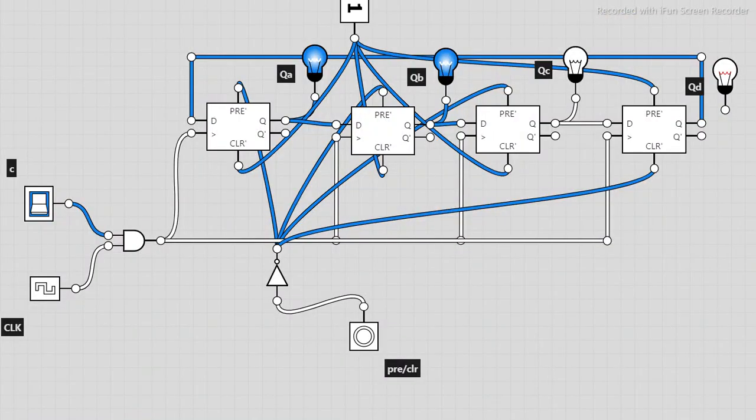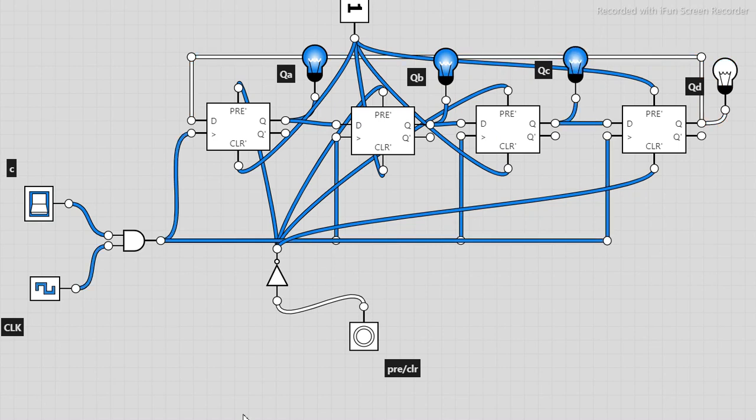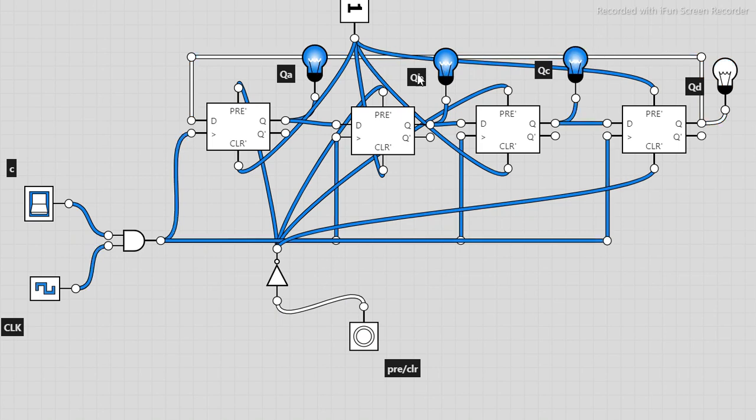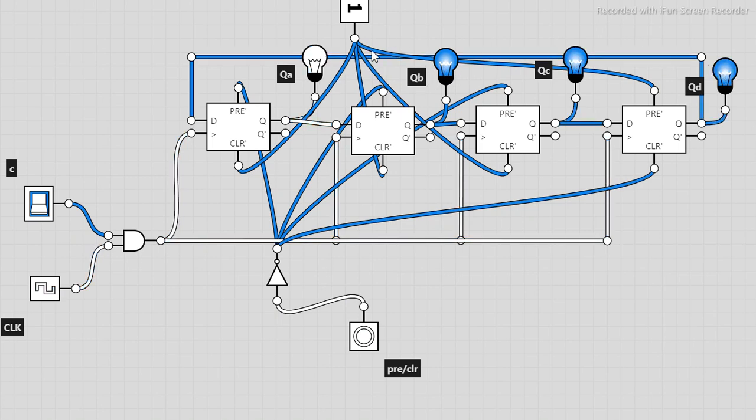This is a ring counter circuit. The last flip-flop is connected to the first flip-flop and connected to the next, and all are connected. 0 1 1 1, 1 0 1 1, 1 1 0 1, 1 1 1 0.